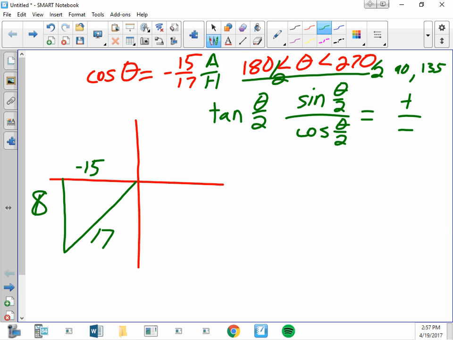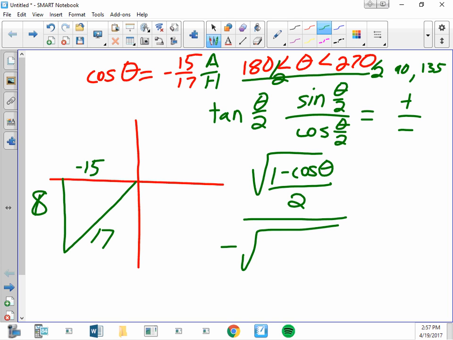Okay? So the square root of 1 minus the cosine of theta over 2 divided by the negative square root of 1 plus the cosine of theta over 2. What is the cosine of theta? What told us right at the beginning.